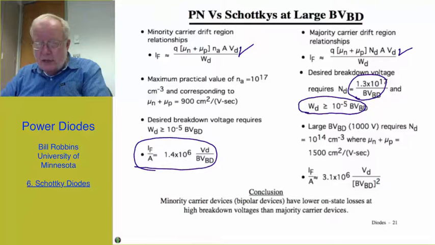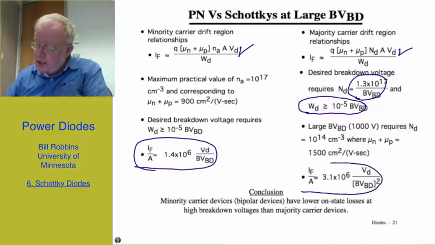Putting that back into the equation for the forward current and using silicon values, we get this expression for a majority carrier device like a Schottky diode. Almost the same numerical factor. If we assume the same allowable drift region voltage drop, we find that the forward current for the majority carrier device scales as 1 over the square of the breakdown voltage.